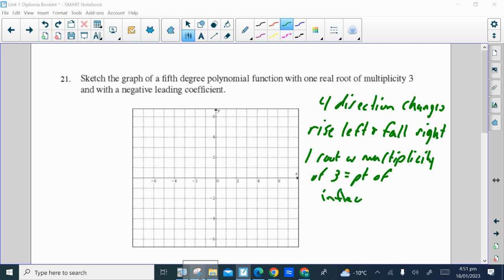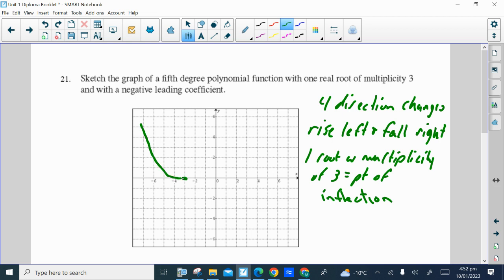A point of inflection is where the concavity changes. So, I mean, there are infinitely many graphs that you could draw. Doesn't matter. But it has to rise left, fall right. There has to be one x-intercept with a multiplicity of 3, which means there's a point of inflection, and it can be anywhere. So let's just say we're going to put the x-intercept at -3.